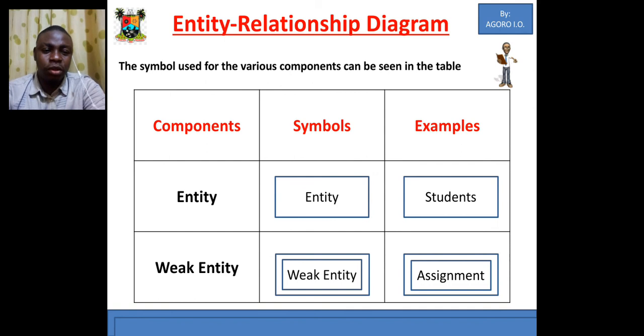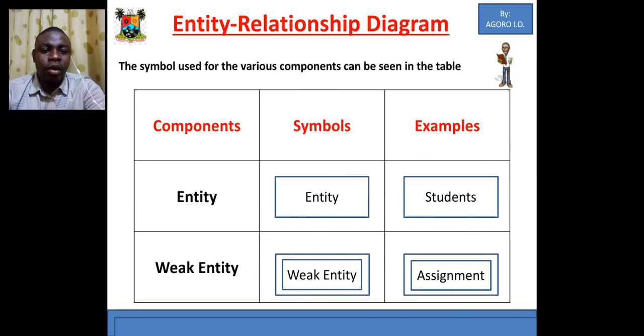Now, for entity, we use a rectangle to represent entity. An example is students. And then the second one, which is the weak entity, we use a double rectangle to represent weak entity. An example is assignment.